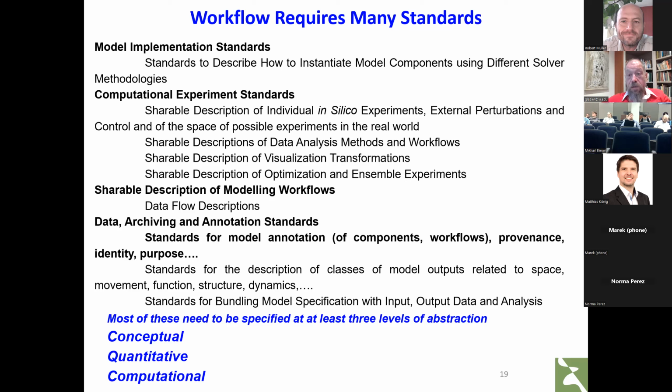People have different names for these, but I would call them conceptual models that address essentially model structure primarily, quantitative models that are method independent, and then computational models that include methodologies, computational methodologies, specific instantiations. And I think you always are going to need at least those three levels of abstraction when you deal with these problems.